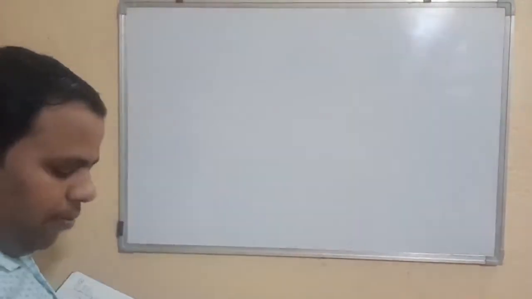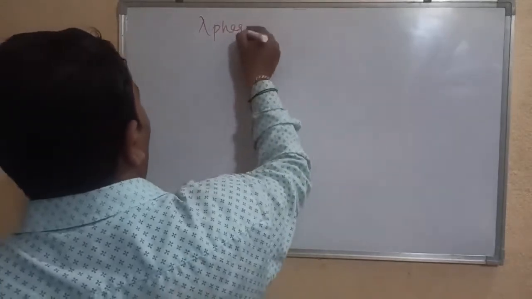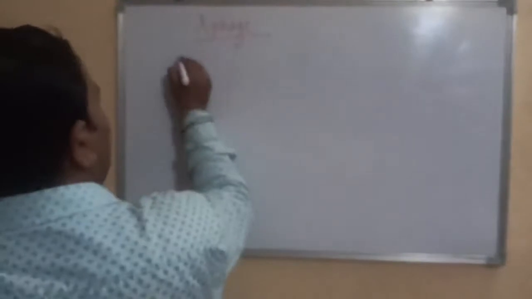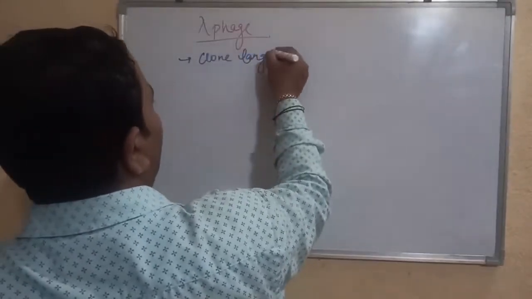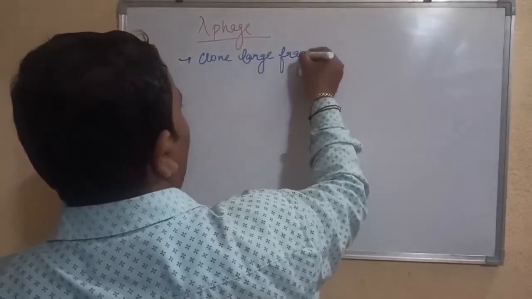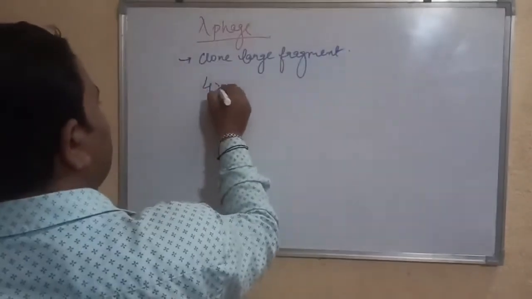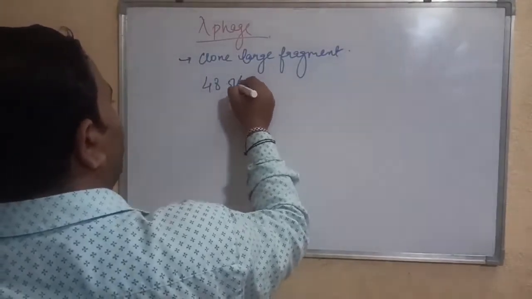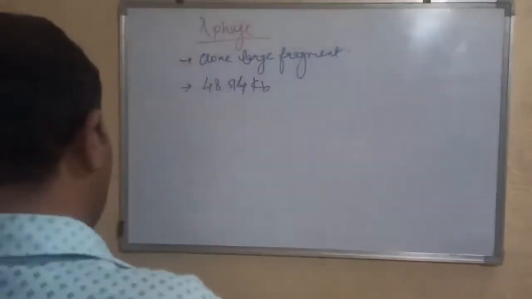Let's see what the Lambda phage is and its details. So Lambda phage can clone large fragments of DNA. Generally the size of the genome is 48.514 kb, so it has a large genome.